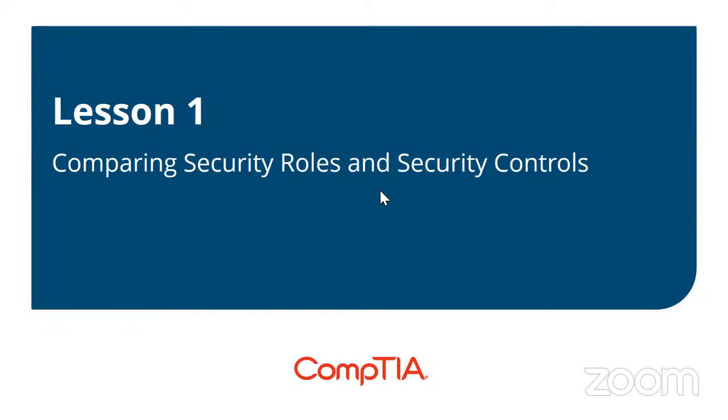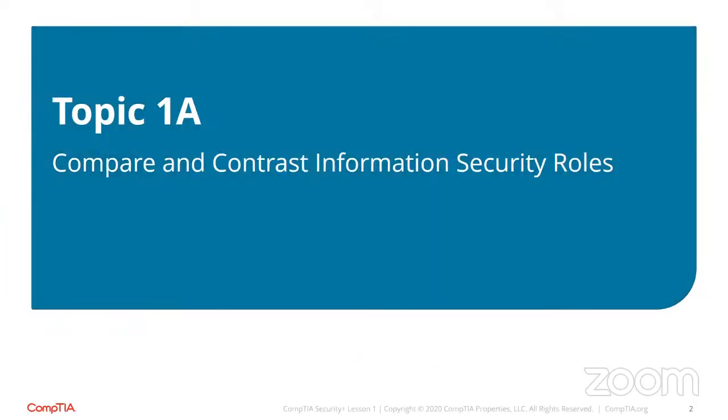So today we'll be comparing security roles and security controls. We'll do an introduction into this concept and we'll look at the lab exercise. That lab exercise is also an introduction, right? It has to do with what is expected of you anytime you gain access or have tasks to do in the lab environment.